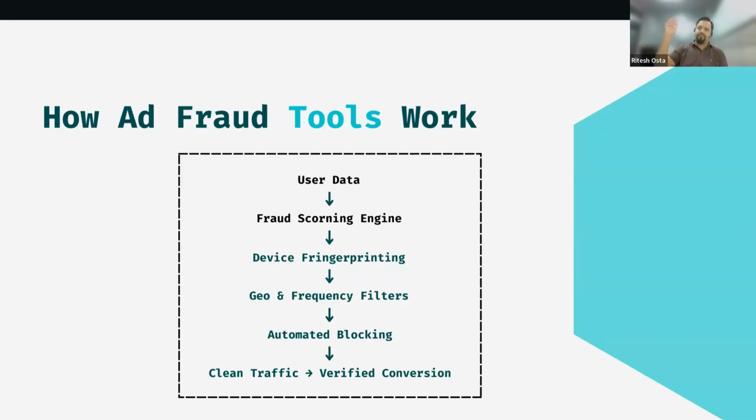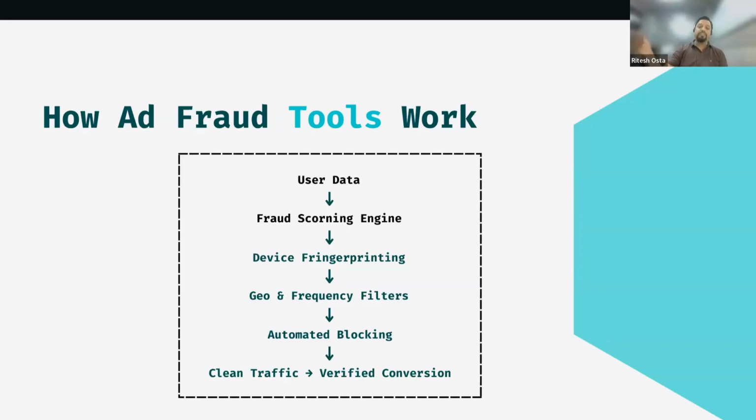So if it follows all the filters and matches some of the criteria, then it is automatically blocked, which will prevent that fake traffic from coming into your system, and will encourage clean traffic to come for verified conversion. So that's how the ad fraud tools work.